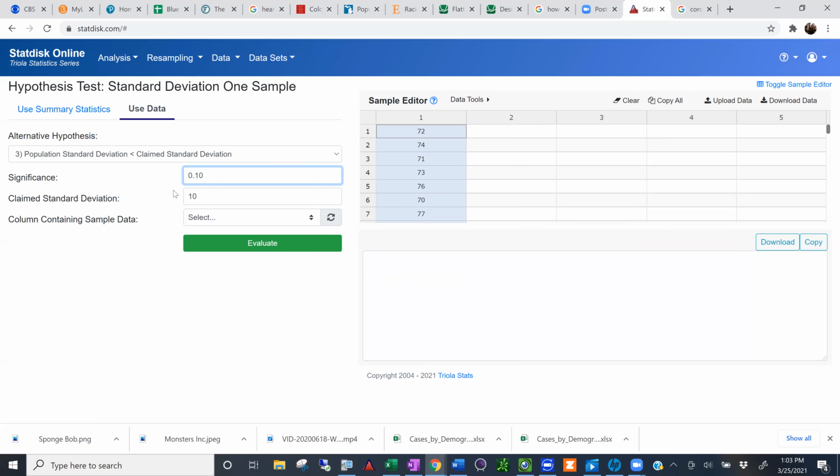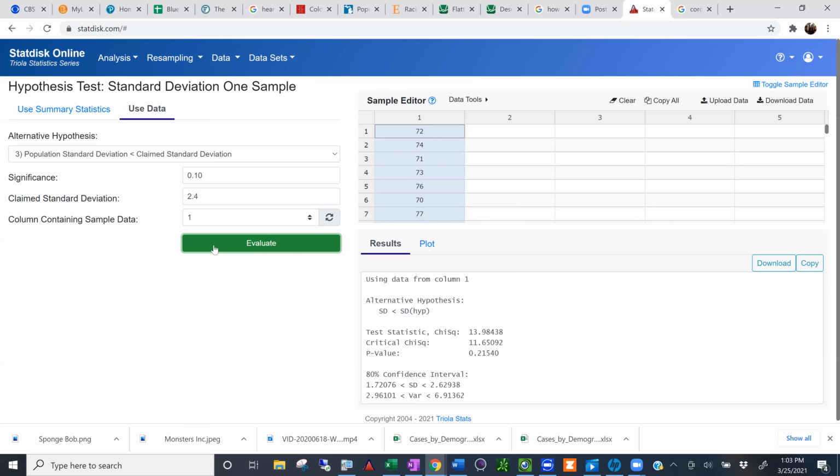The significance level is 0.10. Not trusting that went in right, 0.10. The claimed standard deviation was 2.4. I'm going to use column 1 for our work. I thought it was 0.01. You're right, it is 0.01. My bad. 0.01.